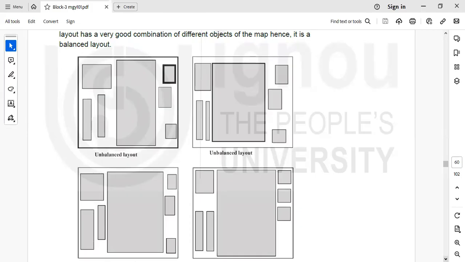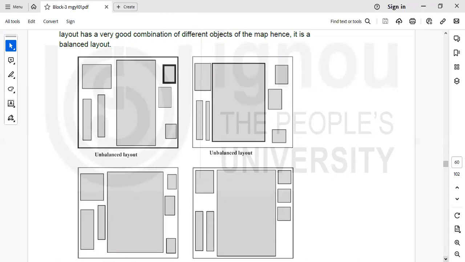So here, the particular information of the map is in an unbalanced layout. Here these two features are shown, and the right margins are not properly arranged. So it can be considered an unbalanced layout and cannot be used to represent a particular theme.